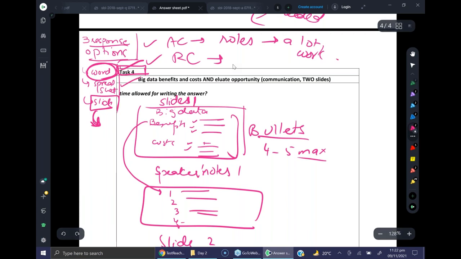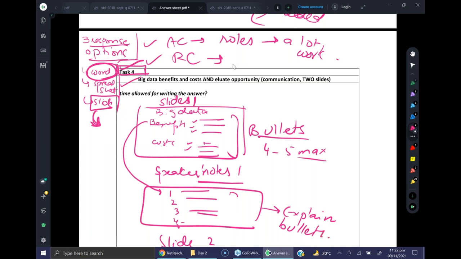The speaker notes box looks like a slide itself, but it's okay, it says speaker notes, so you can explain here. Explain your bullets in the same sequence, because you want to communicate effectively, right? You can discuss the benefits all 3 merged together, and the costs together.